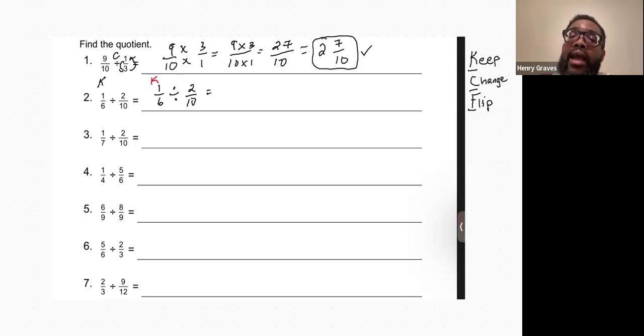I'm going to now apply the C for the change. I'm going to change the division to multiplication. And then I'm going to flip the other fraction. I'm going to flip the 2/10. So 10 is on the top and 2 is on the bottom.